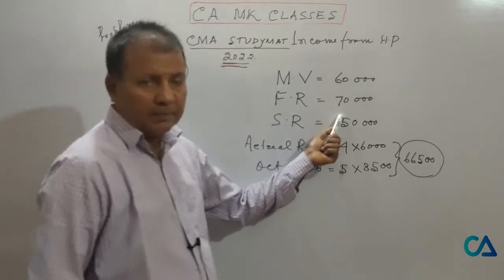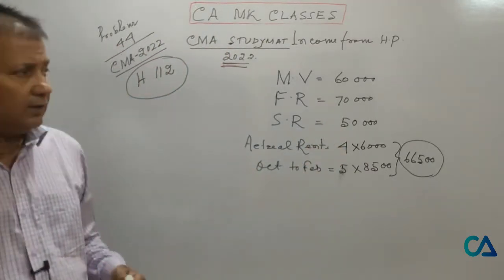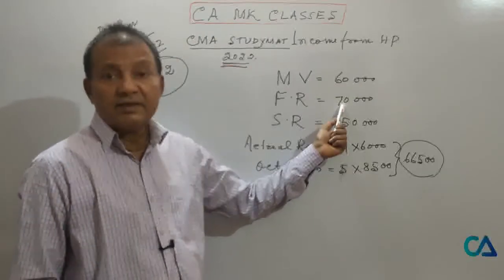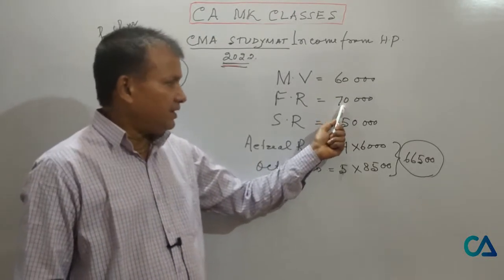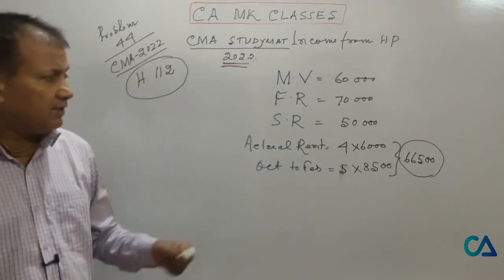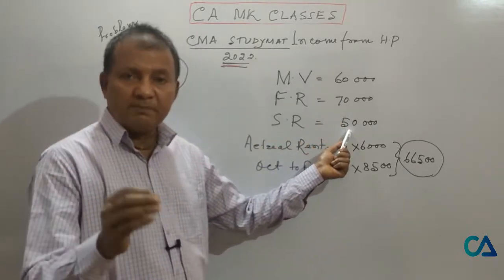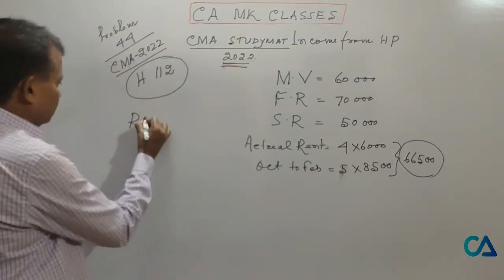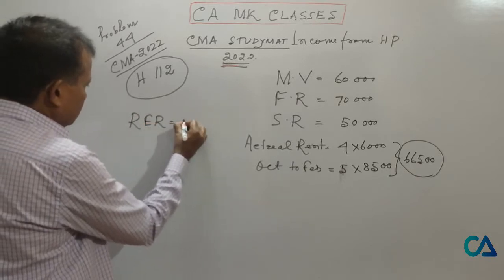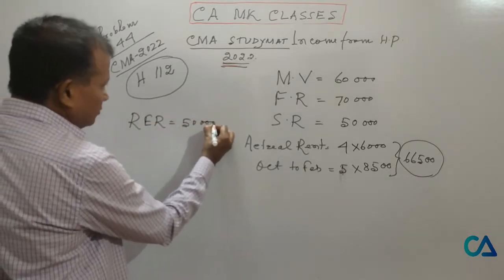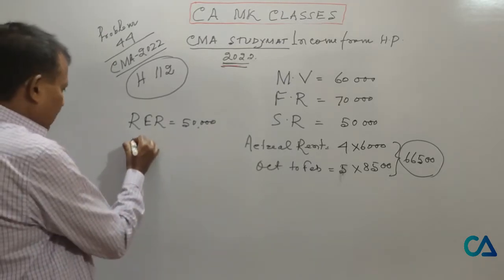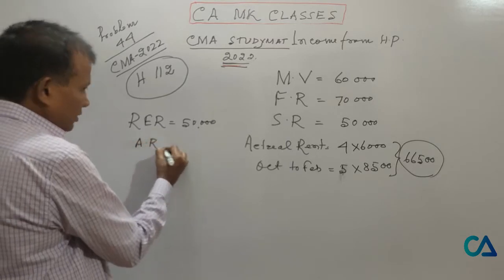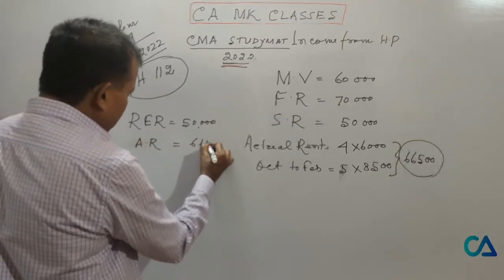So friends, with this, let us start the problem. Municipal value or fair rent, whichever is higher, this is 70,000. 70,000 and standard rent, whichever is lower, this is 50,000. So 50,000 is your RER. Now actual rent, that is AR, is 66,500.